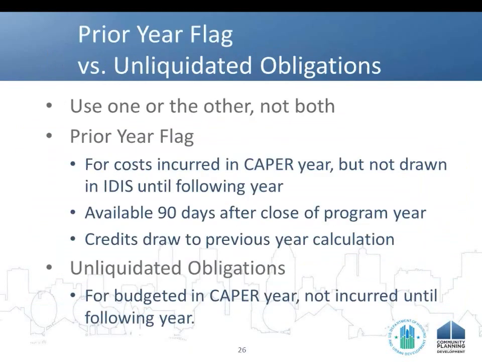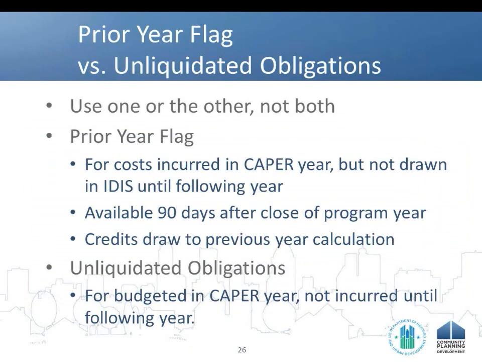Okay, so one issue a lot of grantees do have is there's another feature in the system called prior year flag. Prior year flag allows you to, let's say you got an invoice in, let's say your program year is January through December, so your program year ends in December, and your subrecipients who carry out your public service activities did not submit their invoice until January.